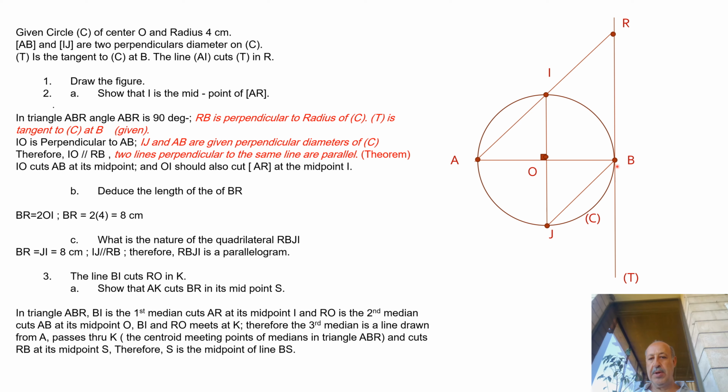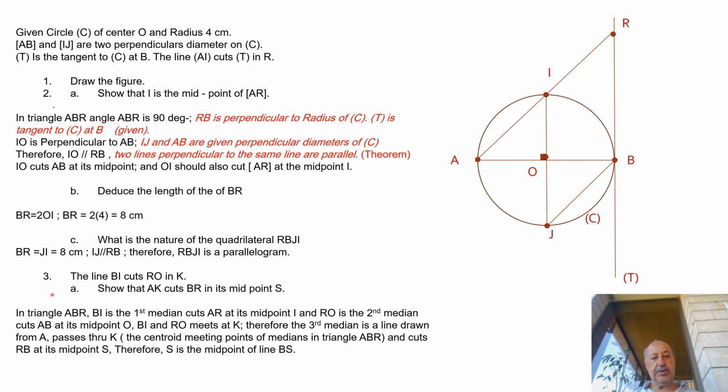This is a theorem. We just calculated BR and found it is 8 centimeters, and IJ is also 8 centimeters, double the radius. So IJ is equal to RB, and at the same time they are parallel. Therefore IRBJ is a parallelogram.